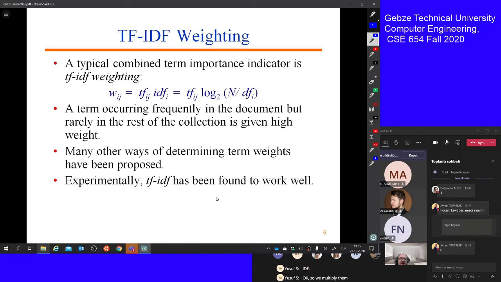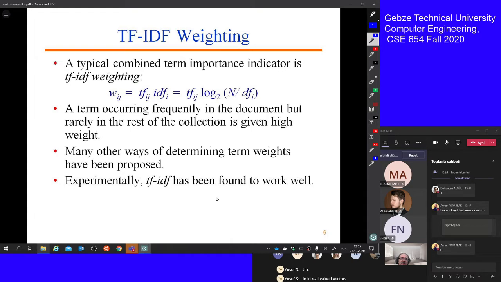So we multiply them. TF-IJ times IDF-I is a very frequently used weighting method to express a document in real valued vectors.